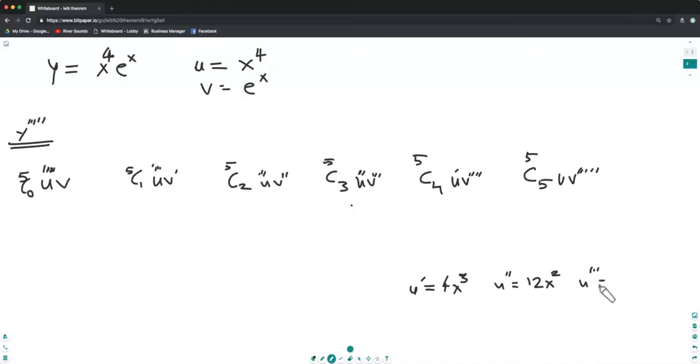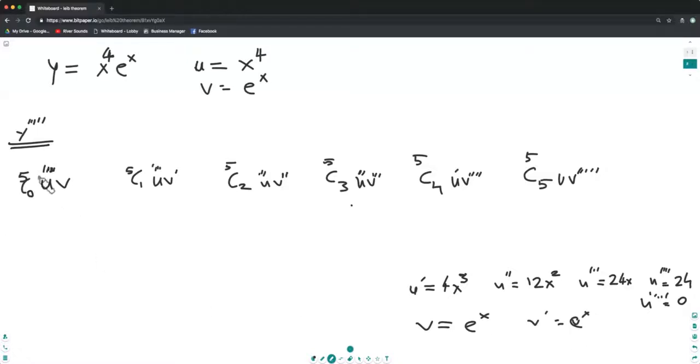U triple prime is going to be 24x. U four times is going to be 24, and u fifth time is going to be 0. And of course v, I took an easier example, so v is e power x, and all the derivatives are going to be equal to e power x.